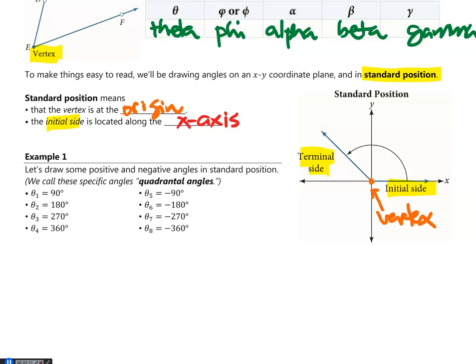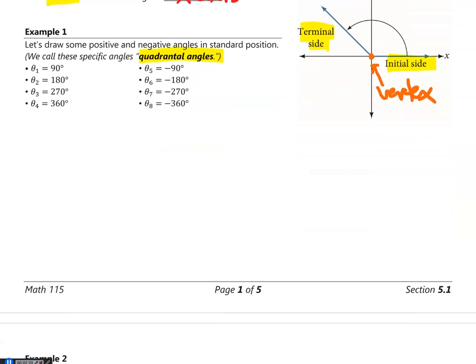Alright, example 1. Let's draw some positive and negative angles in a standard position. We call these specific angles quadrantal angles. First one, 90 degrees. So this is 90 degrees. Next one is 180 degrees.